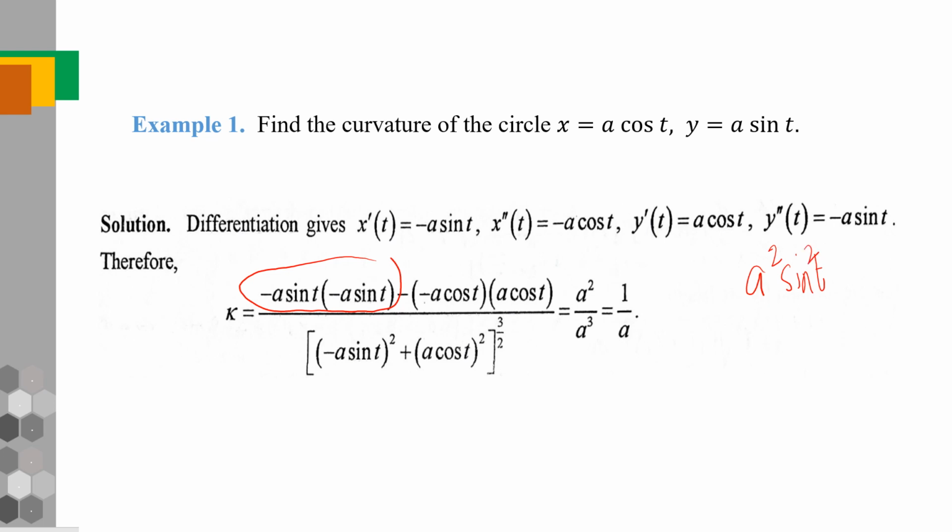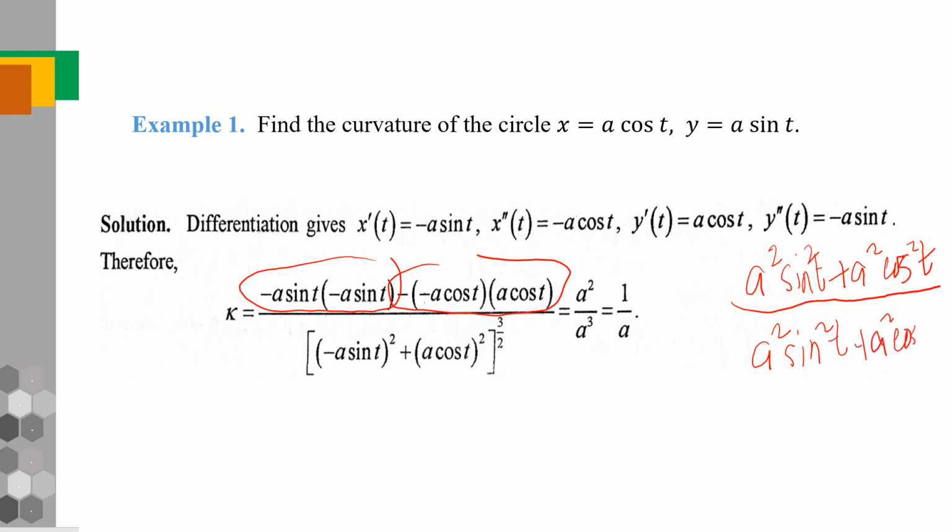Then dito naman sa kabila, magiging positive yan, positive a square cosine square of t. Okay? So all over, that is positive a square sine square of t plus a square cosine square of t, and the whole thing is raised to the power of 3 halves. Okay?